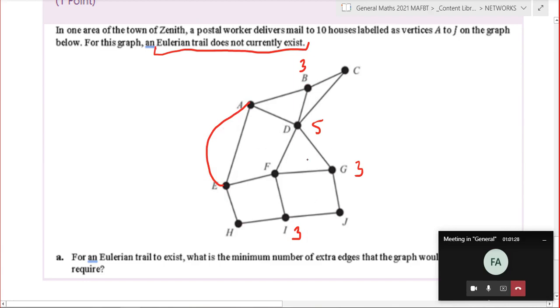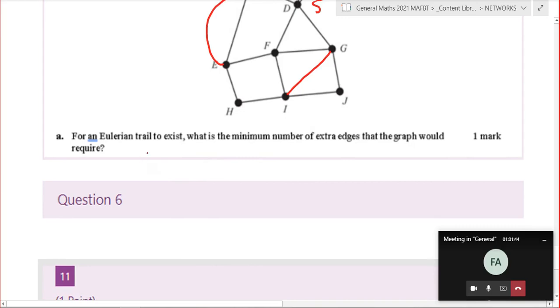So that's 1 edge I've added. I can add another between I and G, and that will make them both even. So now I've got 2 vertices that are odd, which means a Eulerian trail will exist here. So how many edges do you need to add? 2 extra edges.